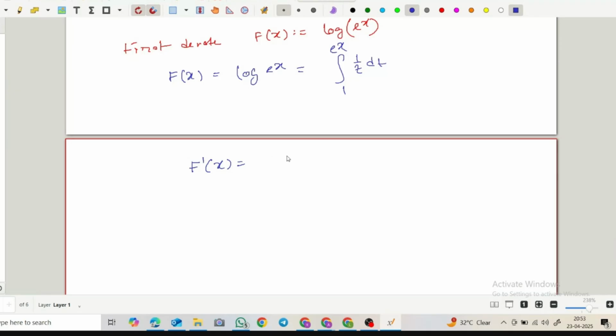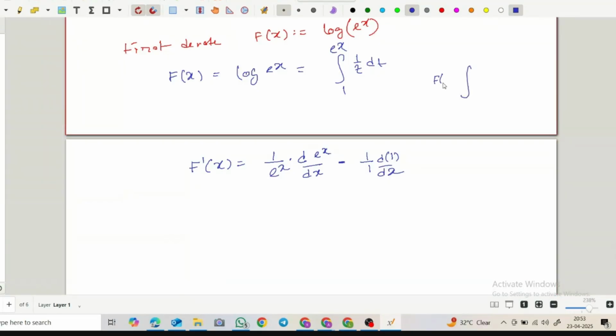Integration under the differentiation sign by Leibniz rule, it will be, right. That is the thing, right?